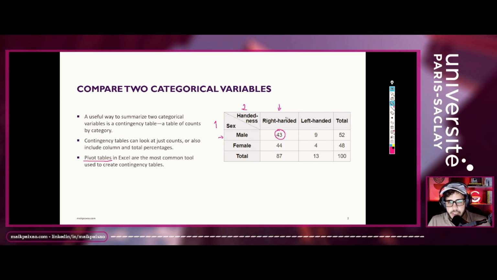Looking at the same row but in the second column, we can see that 9 males out of 52 are counted as left-handed. That's one way to analyze a contingency table, and we can do the same for the female row. We could also analyze it using percentages instead of counts, and it would still be useful. So let's go back here.